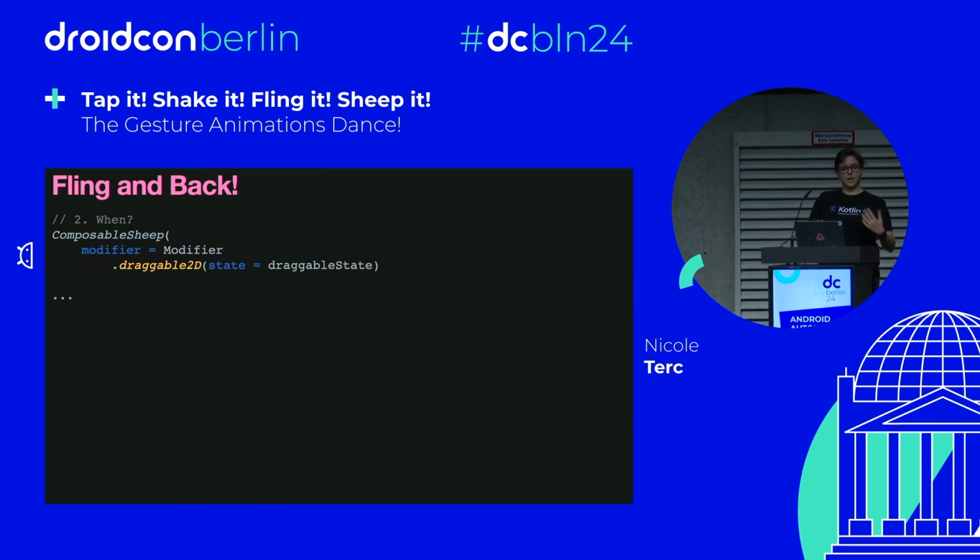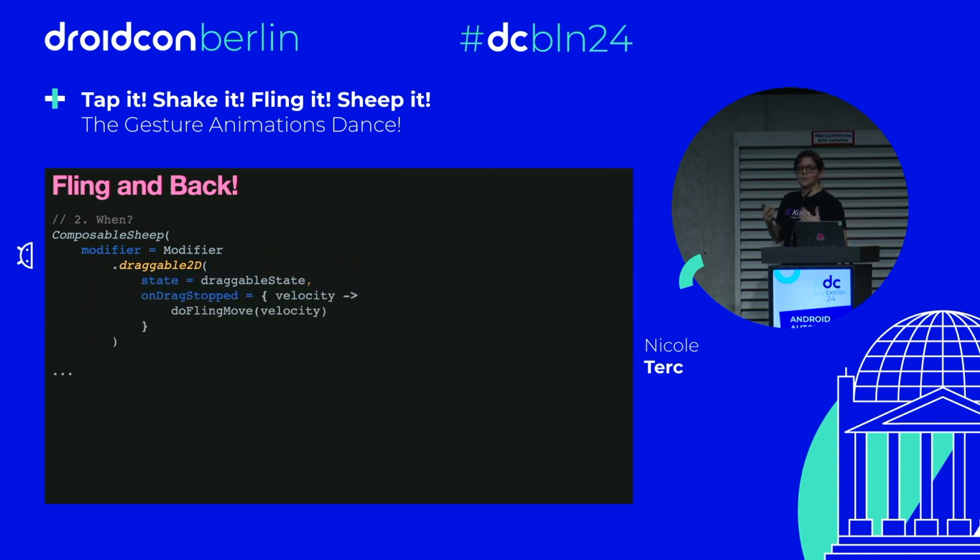We're basically going to pass the optional property onDragStopped. This onDragStopped parameter is going to accept a lambda that is basically going to be called every time the user lifts a finger from the screen. It's already going to do all the calculations for the velocity of the finger and everything else, so I don't need to care about that. I just need to react to it. And to do that, we're going to create our fling move, which is our dance step.